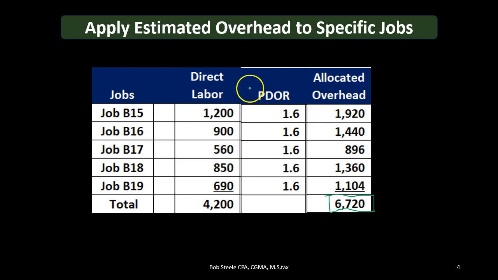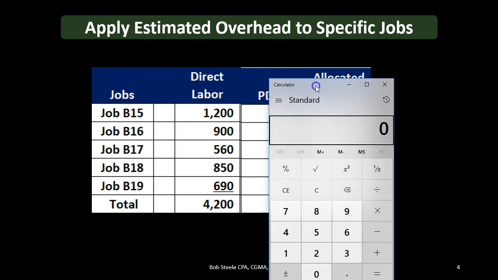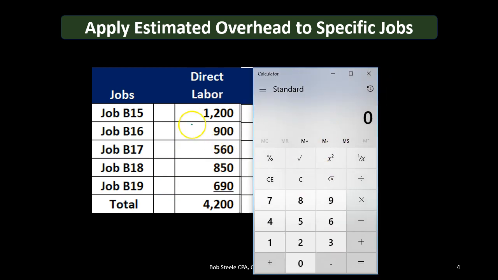Also remember that although we're using direct labor, the overhead has nothing to do with direct labor. The overhead is just using direct labor as a means to tell us how big one job is in relationship to another job. It's basically a ratio analysis that we can think of. Basically, we're saying this particular job is 1,200 of the total 4,200.